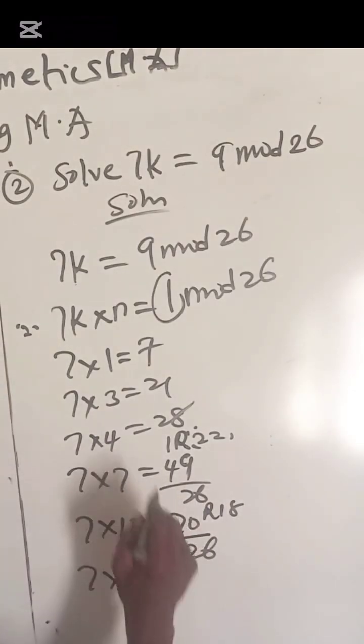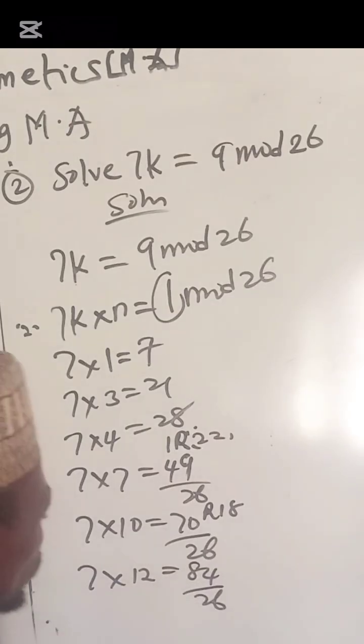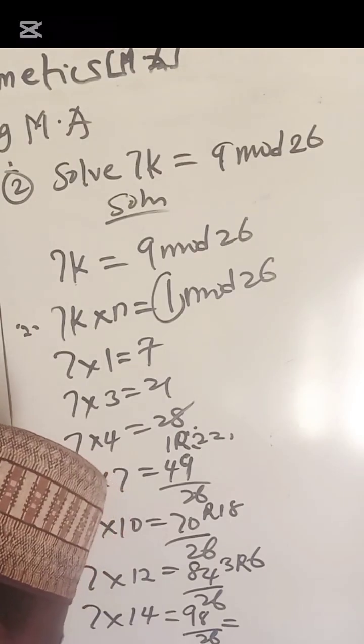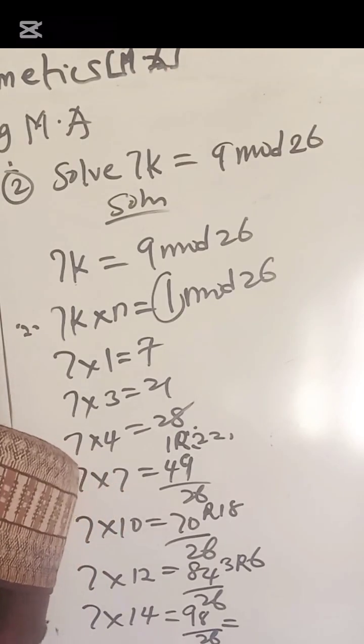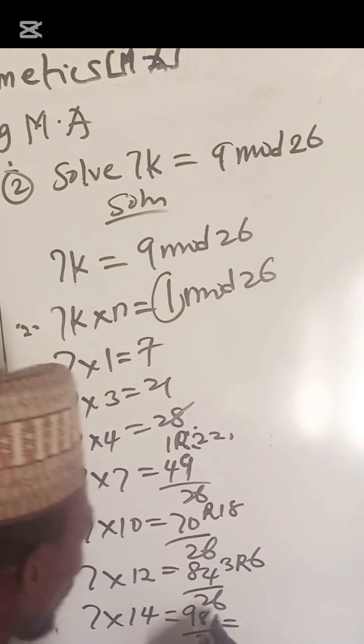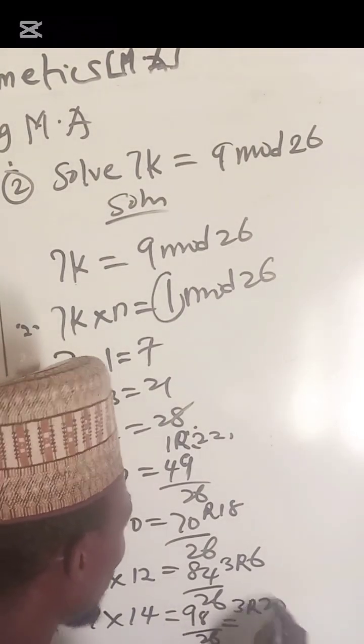7 times 12 is 84. 26 times 3 is 78. So this one gives us 3 remainder 6. So we have to check, let's say 7 times 14, we have 98. Divided by 26, we have 3. 26 times 3 is 78. 98 minus 78 gives you 3 remainder 20.